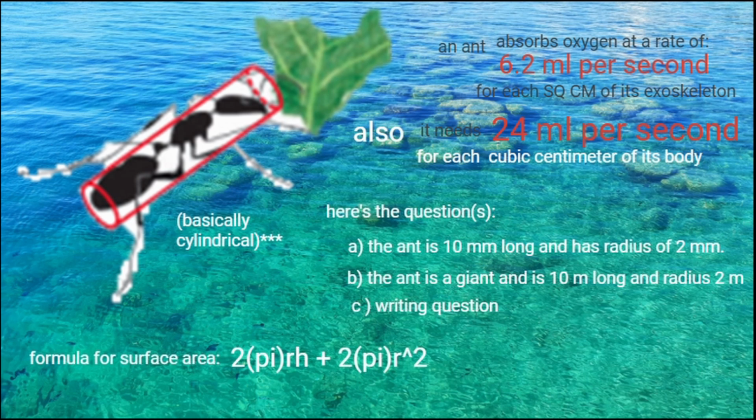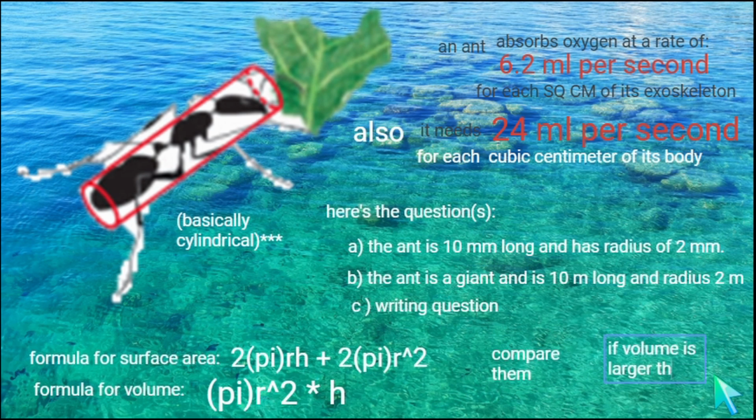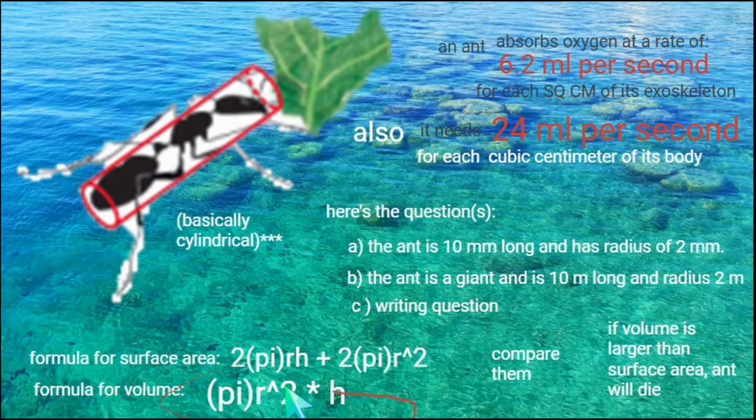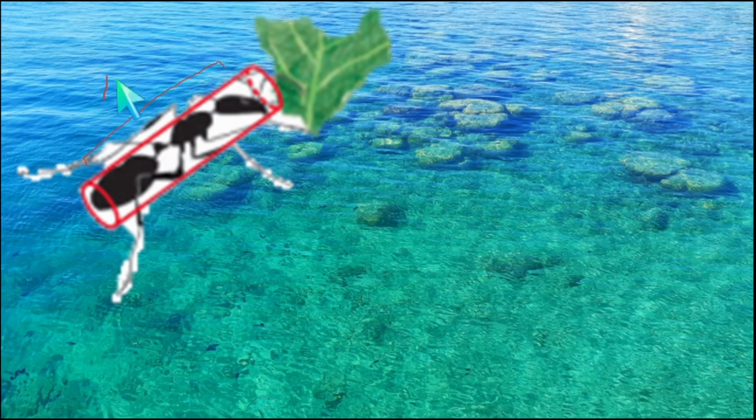Then we want to find the ratio, because if an ant doesn't have the surface area to take in enough oxygen to support everything on the inside, its volume, it's going to die. So we're just going to compare these. If the surface area is larger than the volume, or the same as the volume, it should be able to sustain itself and live. But if the volume is larger, then it will die. This is what we're looking for as we head into the problem and make our calculations.